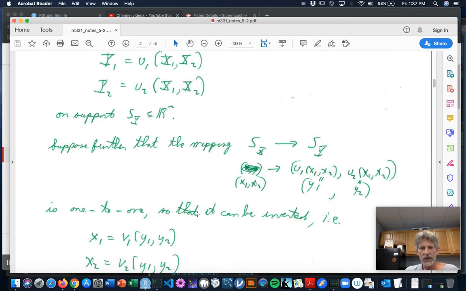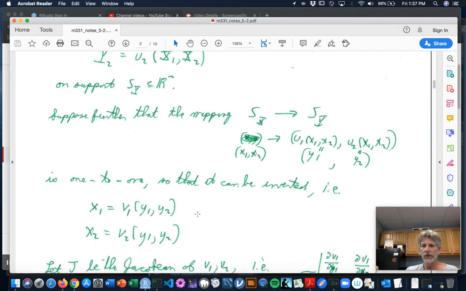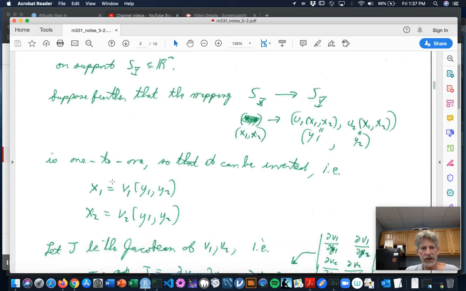In that case, you could back solve for the x1 and the x2 in terms of the y1 and y2. You could take the inverse function, as it were. You would be able to find some function, I'll call it nu1, of y1 and y2 that could get you back to the x1, and another function nu2 of y1, y2 that could get you back to the x2.